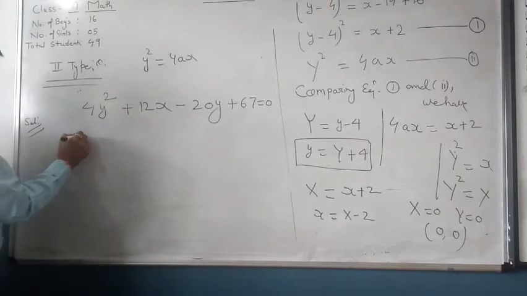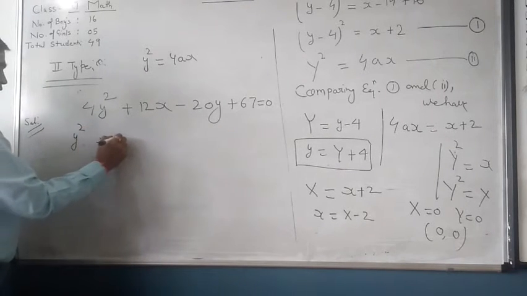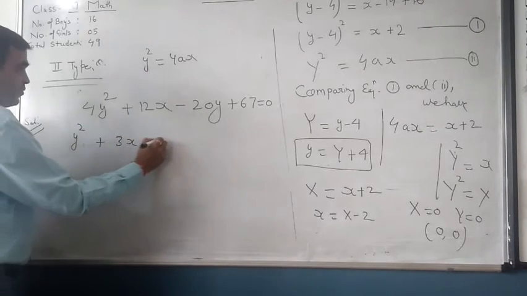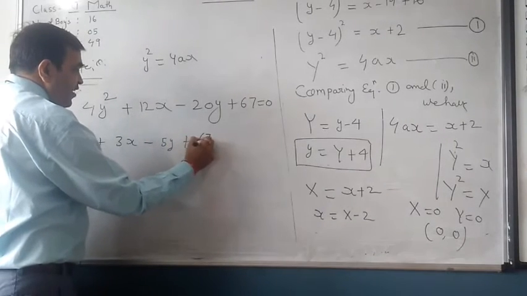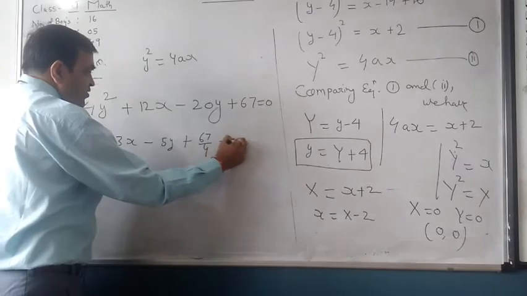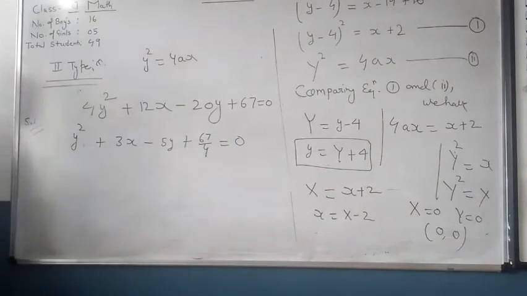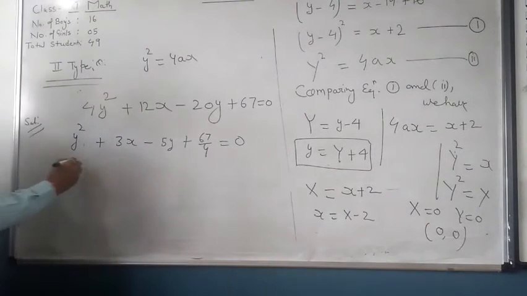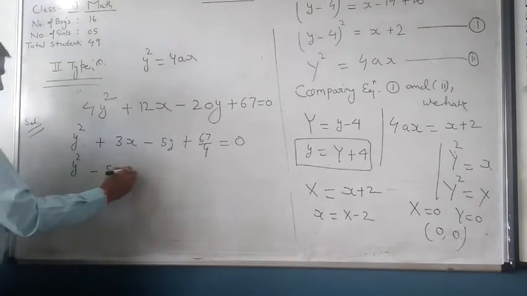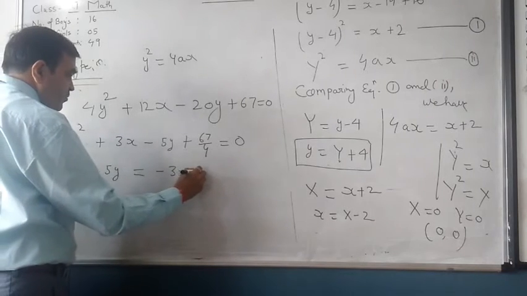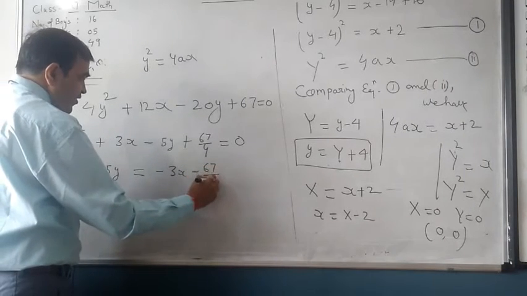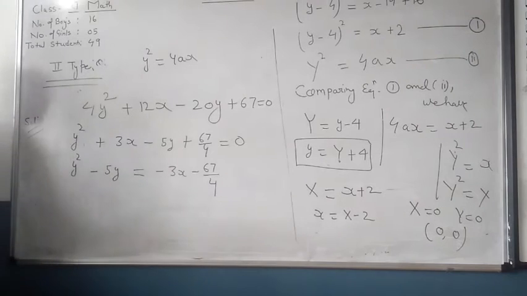So it becomes y square plus 3x minus 5y plus 67 upon 4 is equals to 0. Y square minus 5y is equals to minus 3x minus 67 upon 4.